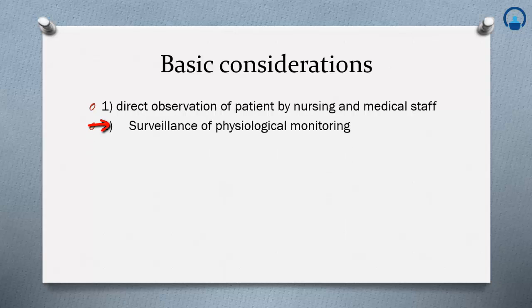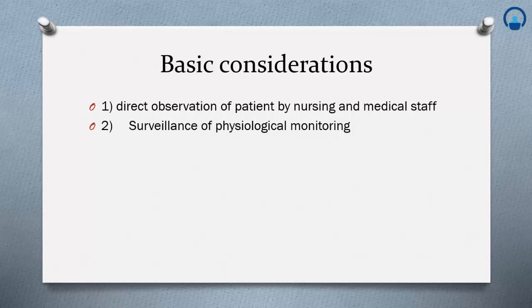Next is surveillance of physiological monitoring. Even though monitors are nowadays attached to the ICU beds, if any alarm occurs on a monitor, it should be captured at an instant. As we keep mentioning, these are areas where critically ill patients are admitted, and if prompt service is not given, it can prove fatal for a patient.